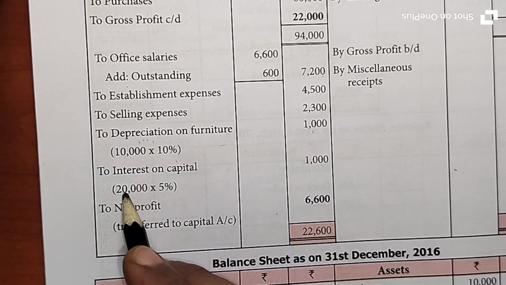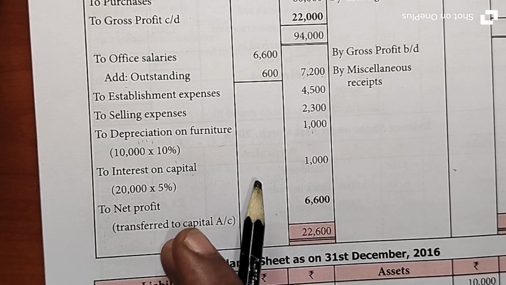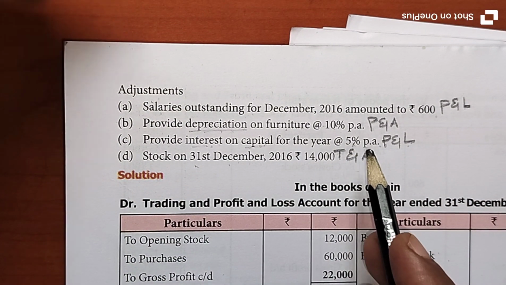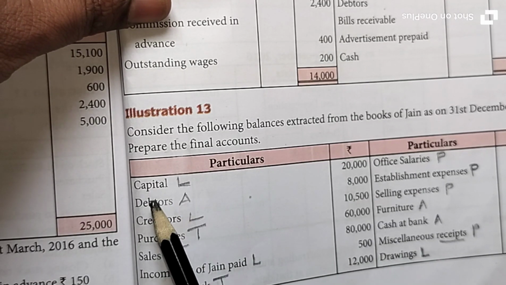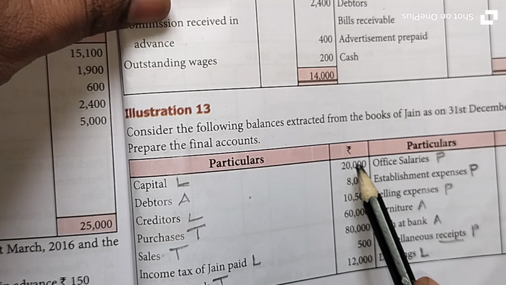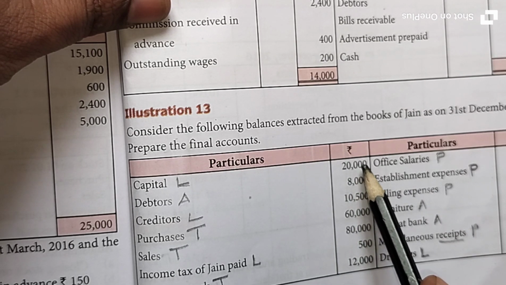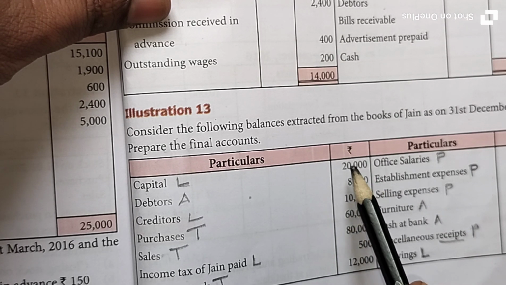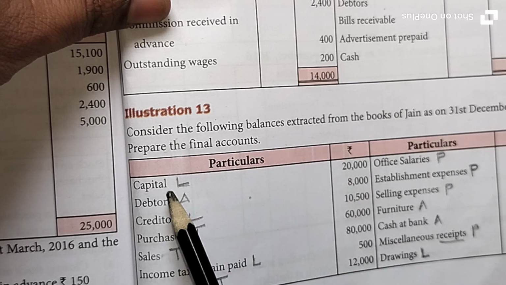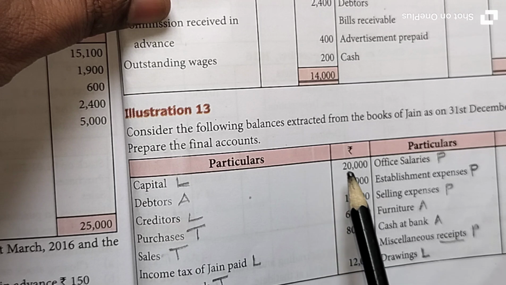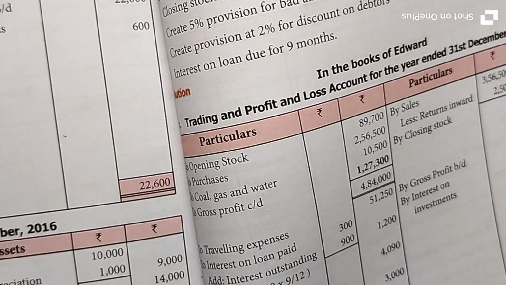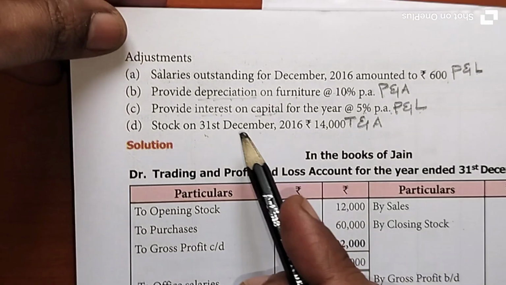Then interest on capital 5%. They have given here interest on capital 5%. Listen, as the owner of the company contributed capital 20,000 into his business, right? Okay, so business and owner of the business are both separate entities. For contributing capital, the owner takes 5% interest.